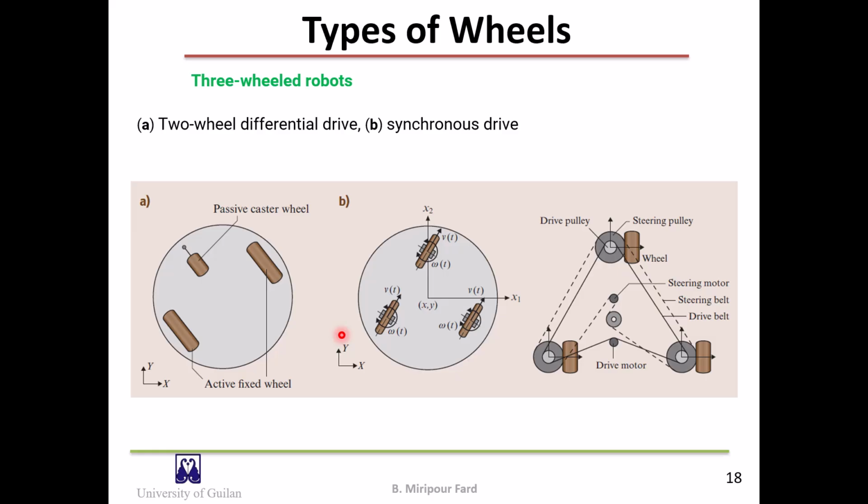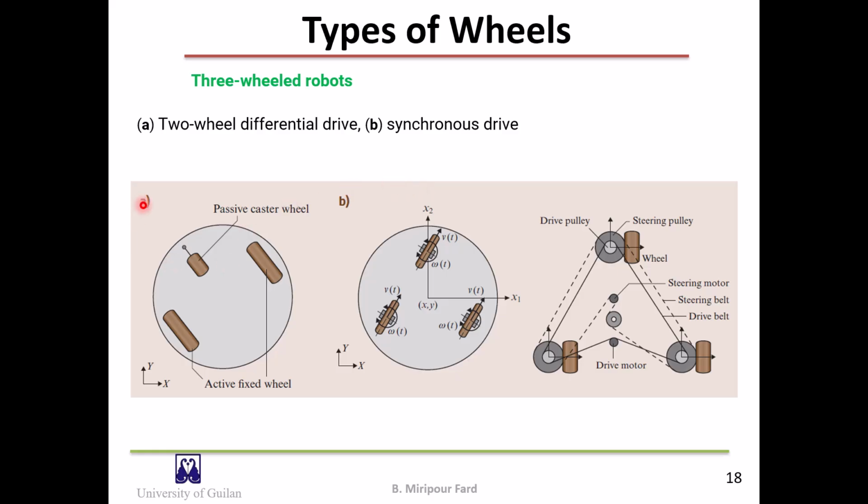Some popular design examples for three-wheeled robots can be seen in this slide and the next slides. Since a robot with three wheels is statically stable and has a simple structure, it is one of the most widely used structures for wheeled robots.